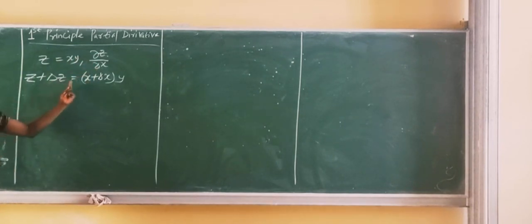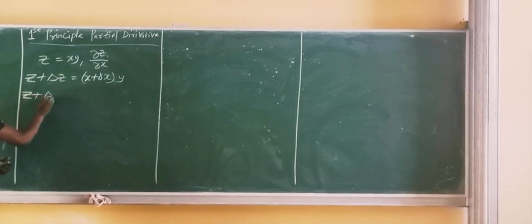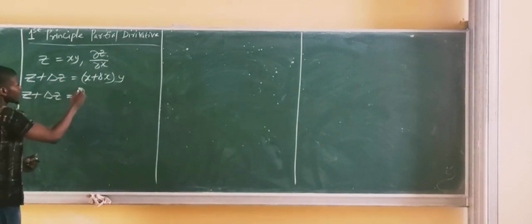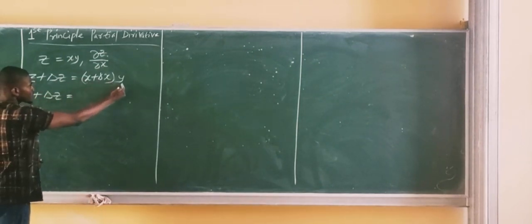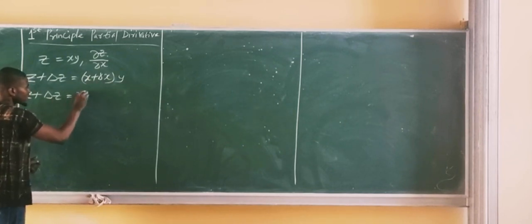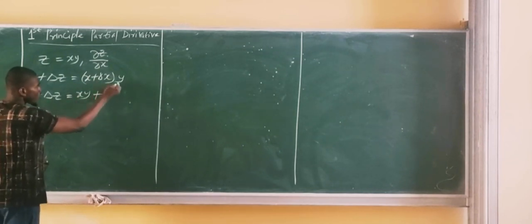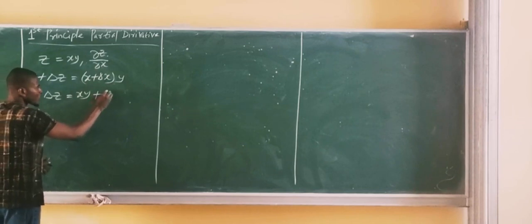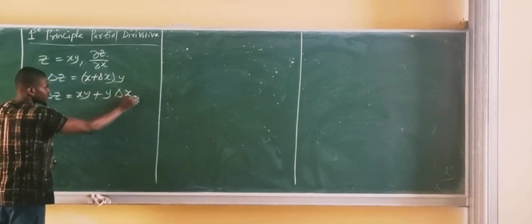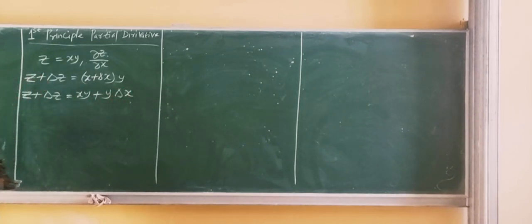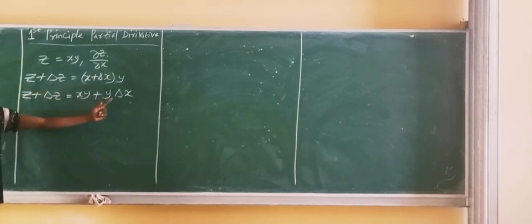Okay, so if I try to expand this bracket, I'm going to have z plus change in z equal to y multiplied by x gives me xy, plus y multiplied by change in x gives me y change in x. So at this point, let me transfer z over to this side of the equation.